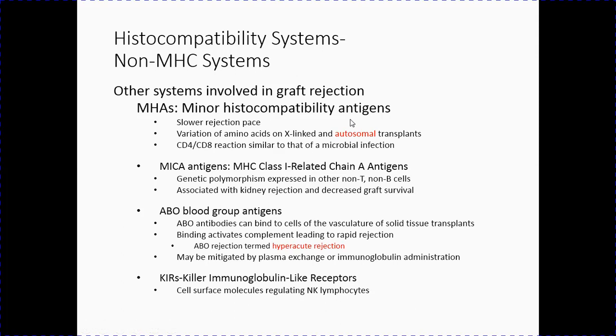They were detected when it was discovered that siblings with identical HLA antigens, who were the donor and the recipient of a tissue transplant, still had graft rejection reactions.